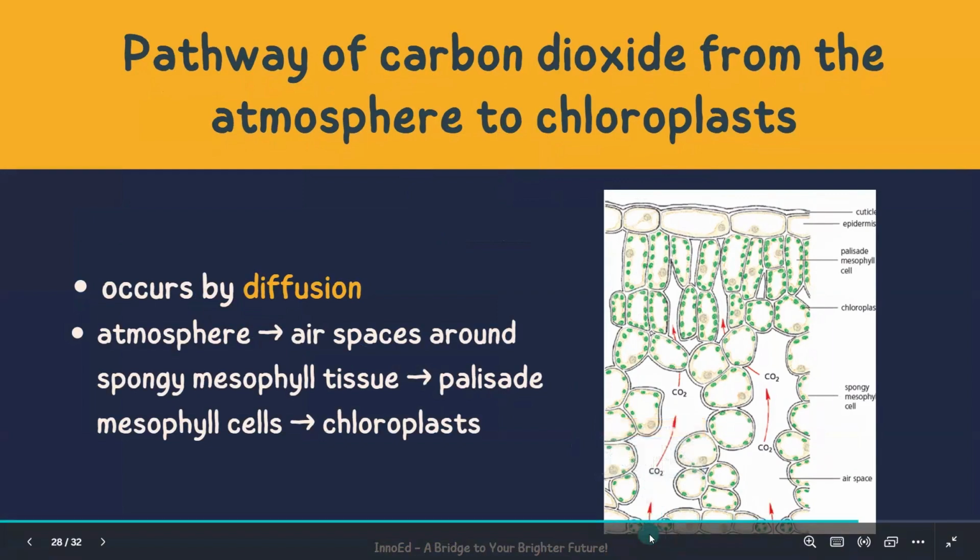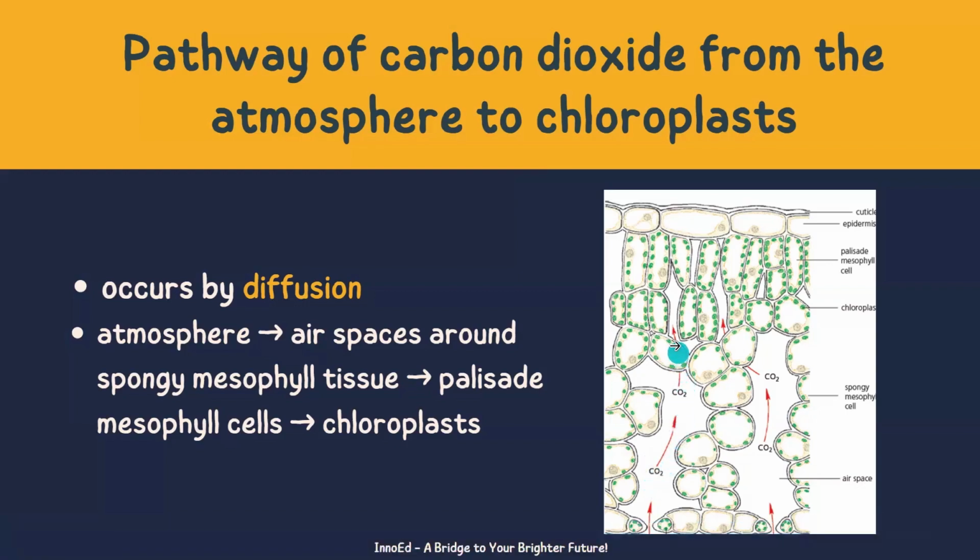From the atmosphere, carbon dioxide will diffuse through the stoma into the air spaces, which are between the spongy mesophyll cells, and diffuse through those air spaces, and the carbon dioxide will reach the palisade mesophyll layer. There, the carbon dioxide molecules will diffuse into the palisade mesophyll cells and then into the chloroplasts, where they take part in photosynthesis.